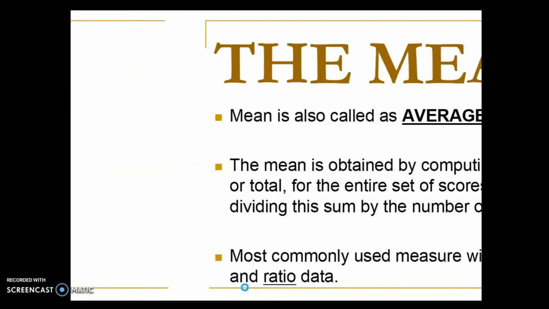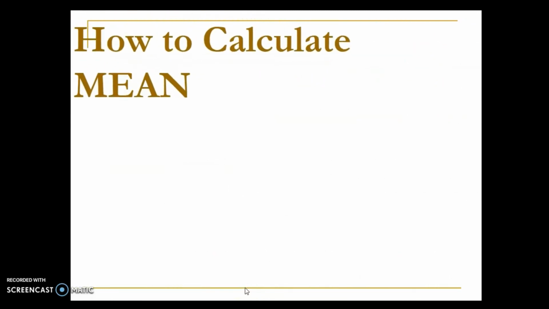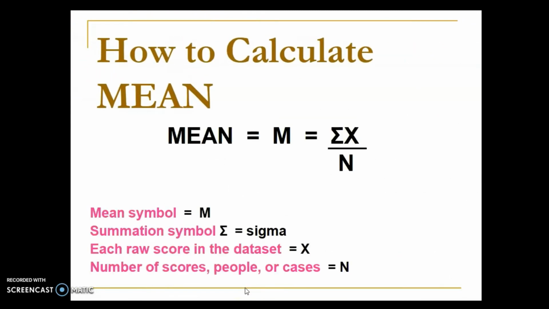Moving further, we'll talk about how to calculate mean. So the formula for calculating mean is sigma X upon n, where capital M denotes the mean, the summation symbol is sigma.